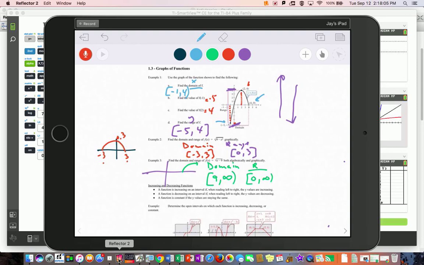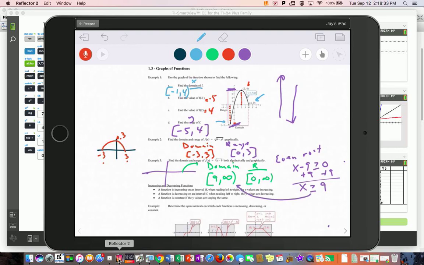It's really slow, but it does go up forever. The algebraic piece means that when you deal with an even root, we want to make sure what's under the radical, which is x minus 9, is always greater than or equal to 0. So simply adding 9 to both sides will give us x's that are greater than or equal to 9. Same thing that this domain is saying.